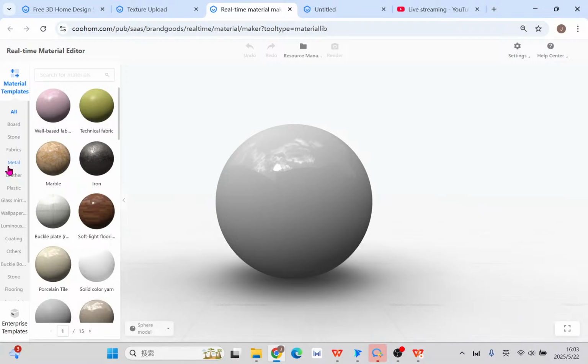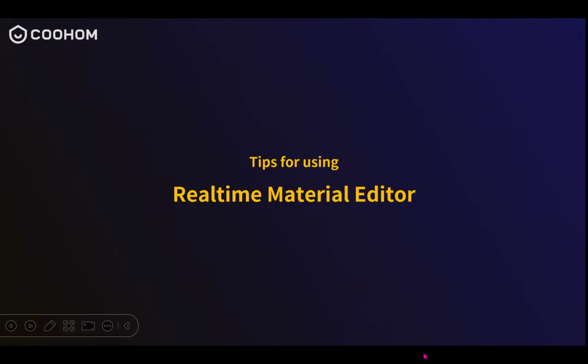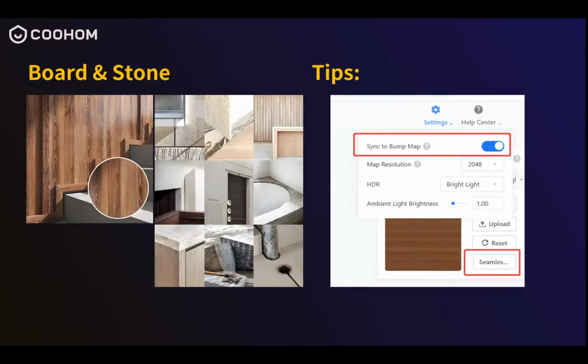Most of the time we suggest you choose from the very beginning rather than doing the adjustment from everything blank or using a blank template. You don't have to do that. You just need to select. Today I also give you some useful tips with some of the materials. Just follow the order from the left side. Those templates, for example for the wood board or the stones, will turn to the first thing.